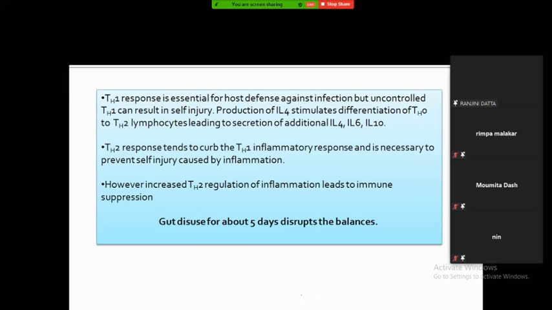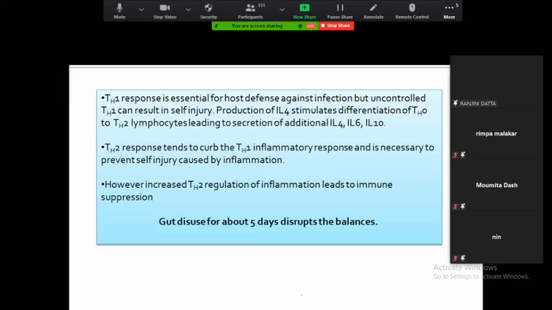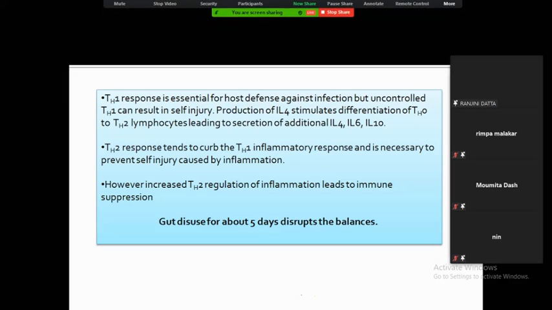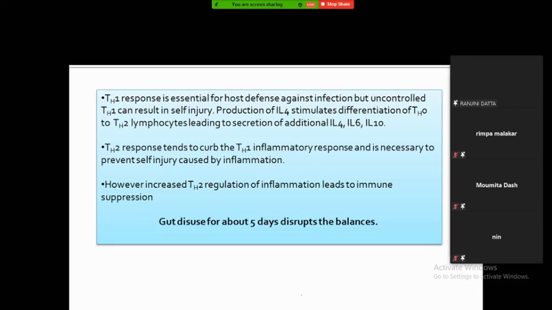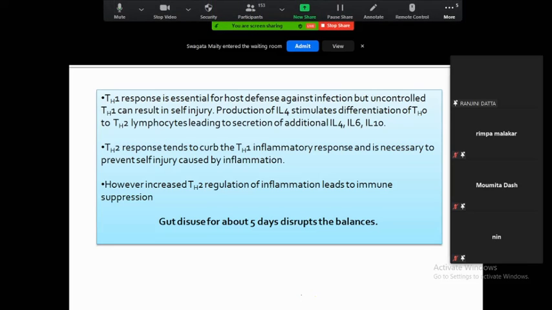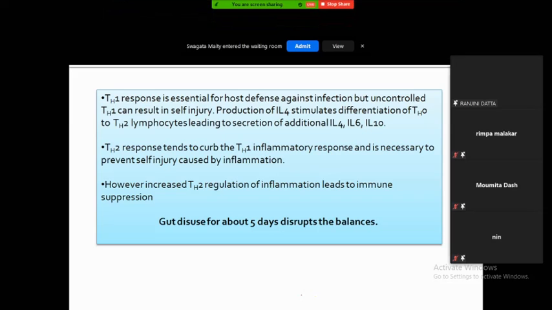As I was talking about, the Th1 helper cells are essential for the host defense against infection, but this is basically our innate and acquired immunity. But if there is an uncontrolled Th1, it leads to self-injury. The body starts an auto-injury response, which we've often seen in cancer patients on chemotherapy.